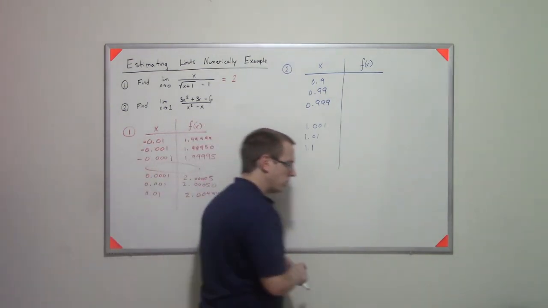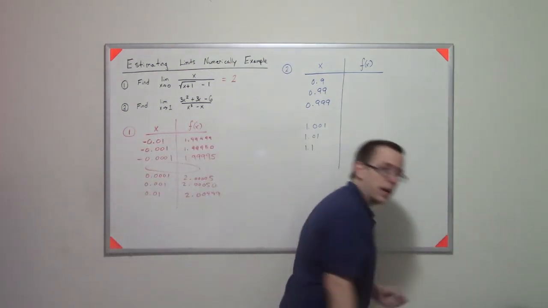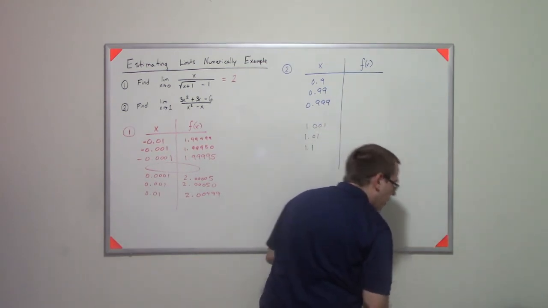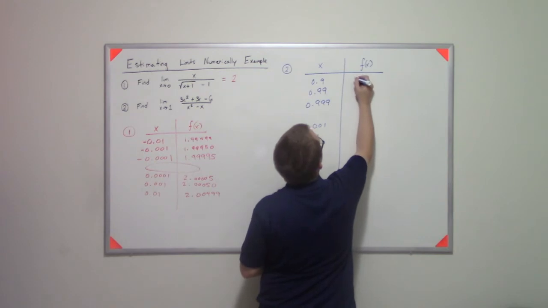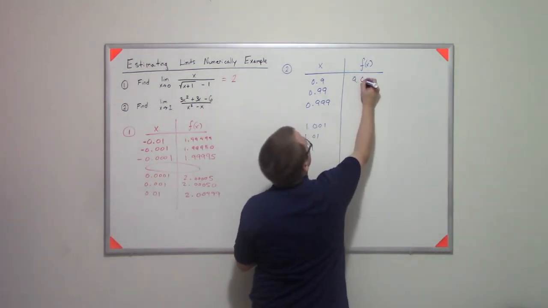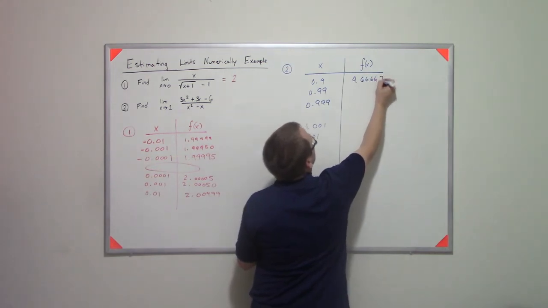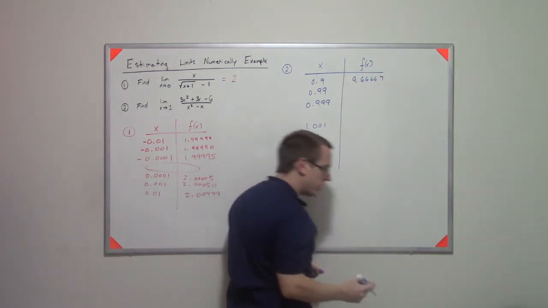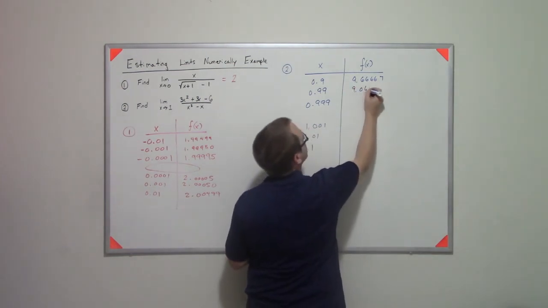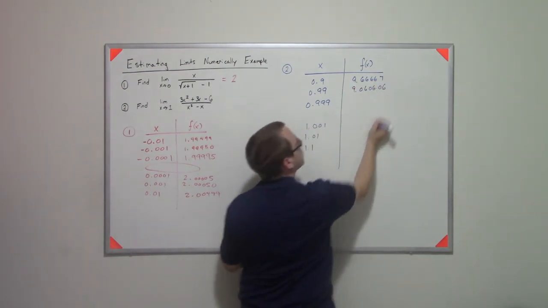So when I did that, I've got my numbers here. I end up with 9.060606.